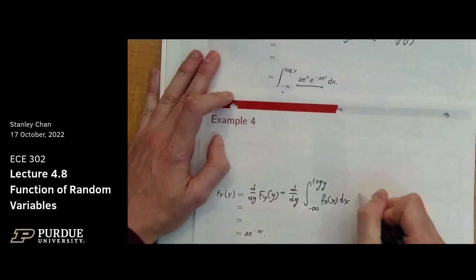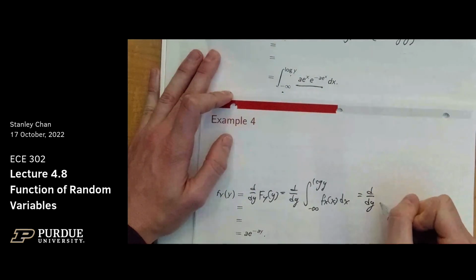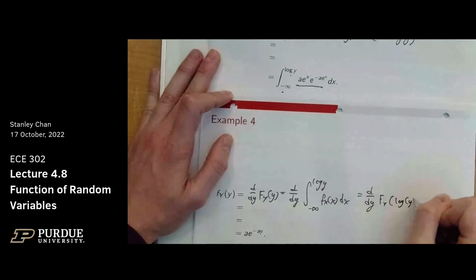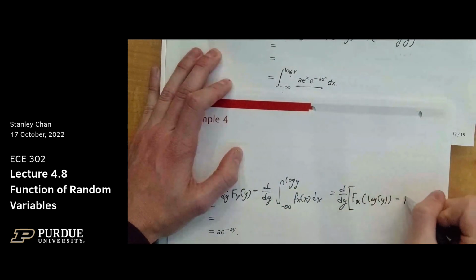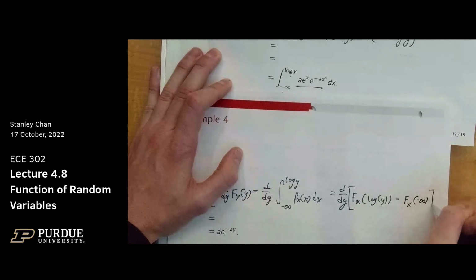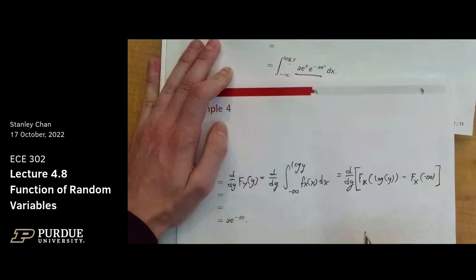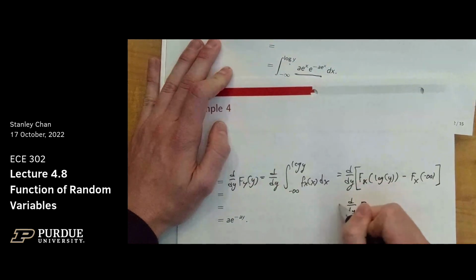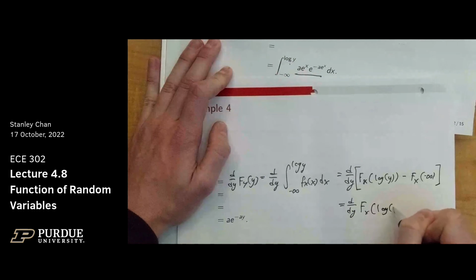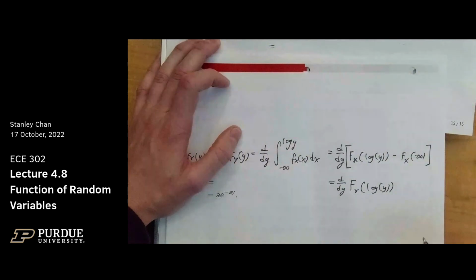So we've got this. We know from the fundamental theorem of calculus that this is going to be f_X at log y minus f_X at negative infinity. Okay, which is going to be equal to the, right, and then we can use our rule.